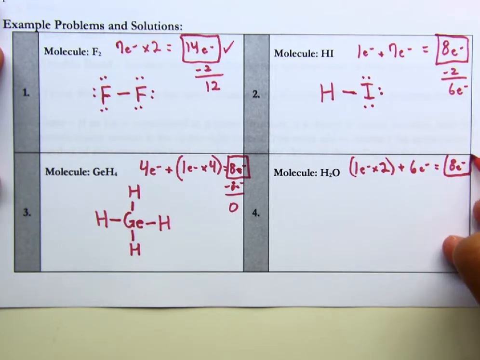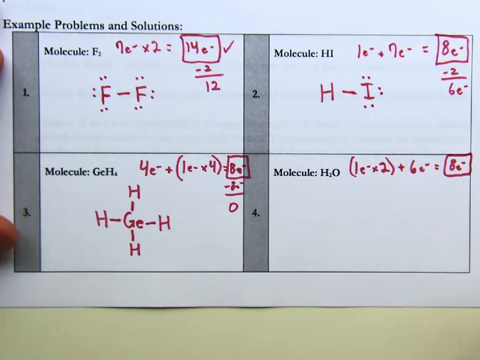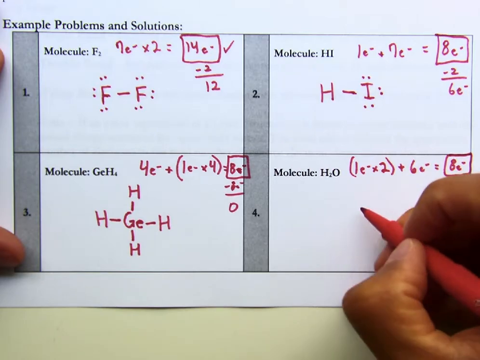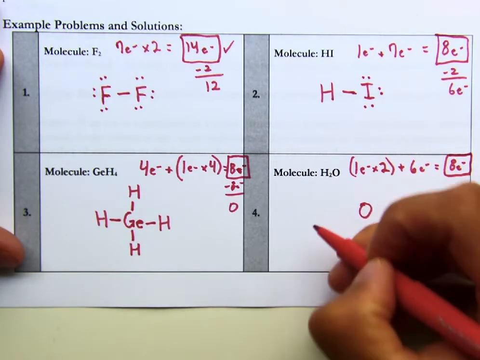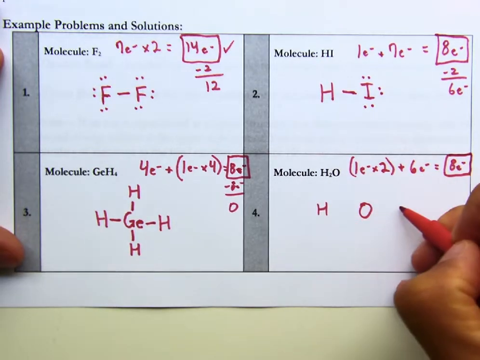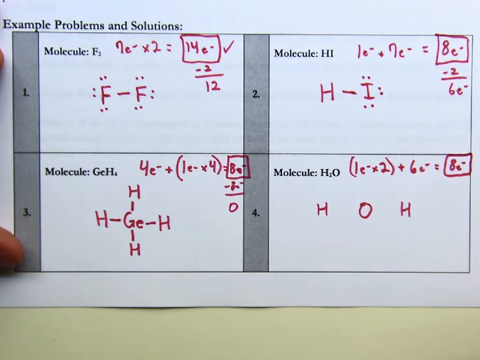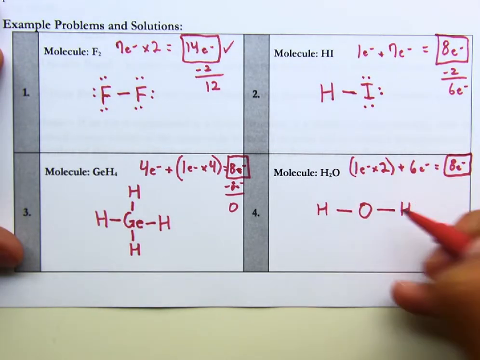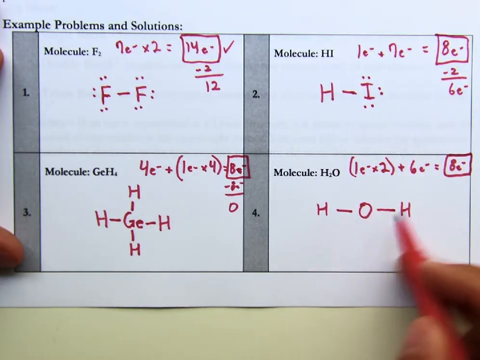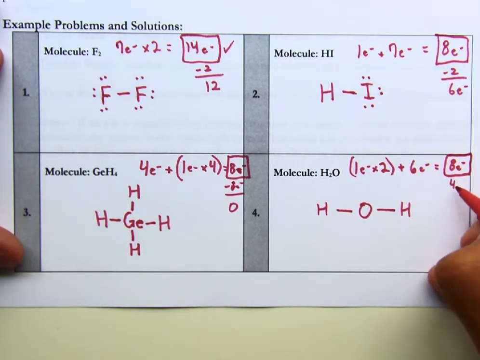So we have 8 valence electrons total. We're going to put oxygen, and then we're going to put hydrogens on opposite sides, connect them using single bonds. That's 2, that's 4. So of the 8, we have to minus 4. That gives us 4 electrons remaining.